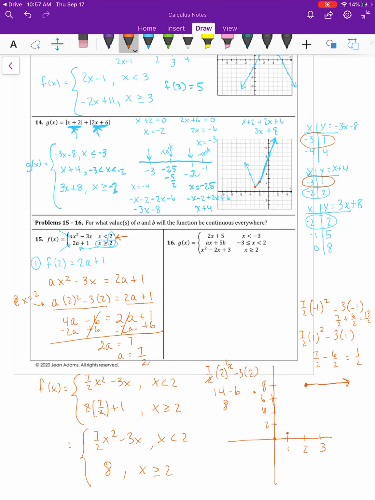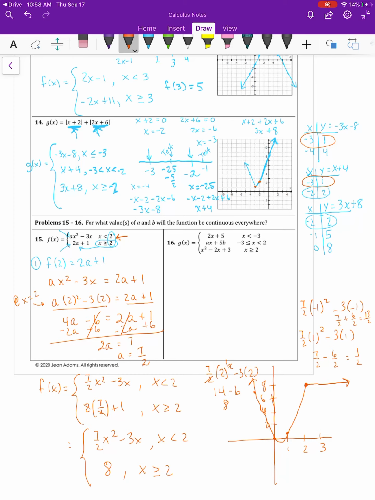So -1, I don't know. So you can't really tell from here where your vertex is, but I'm thinking it's like that. Sorry, but that is the function that we're talking about. And that's what the graph looks like.